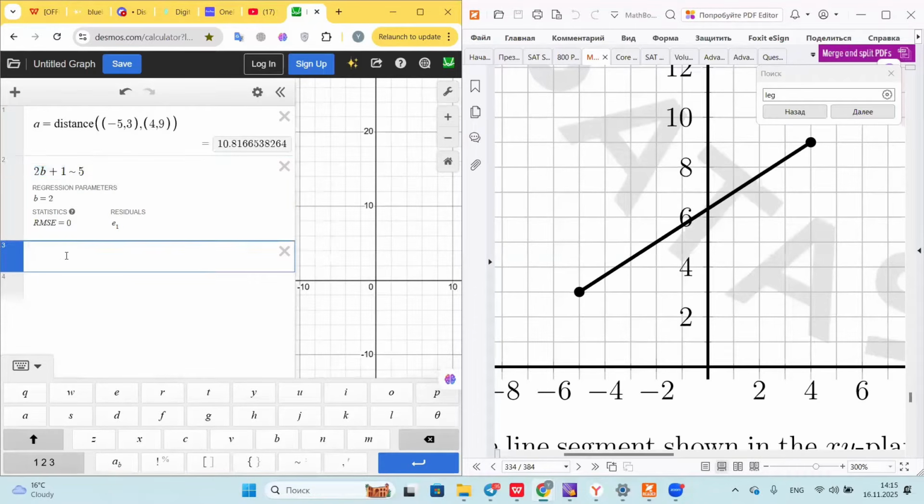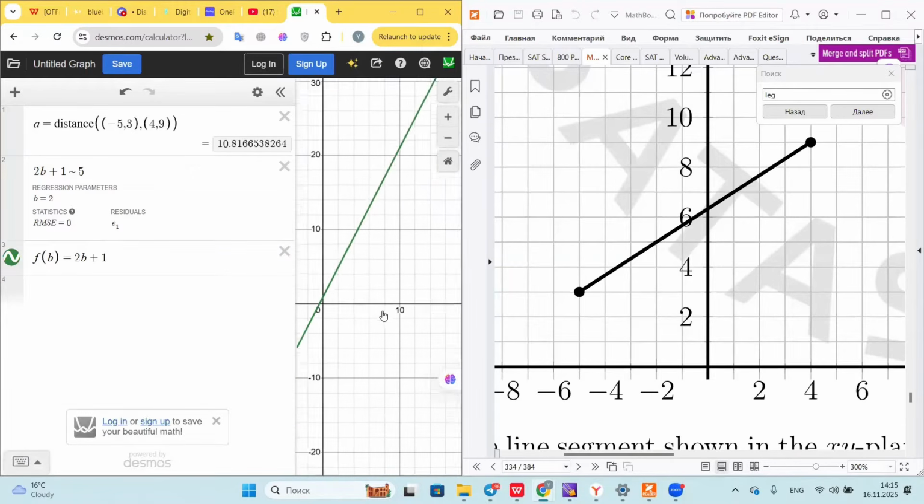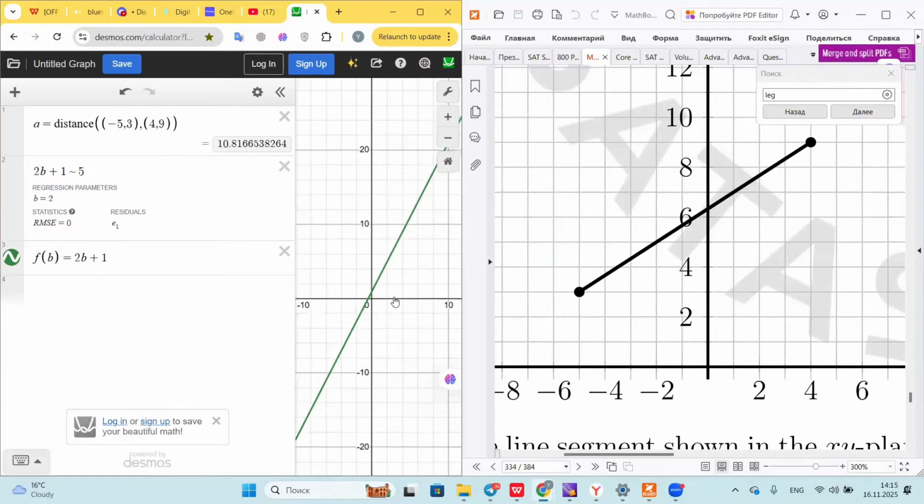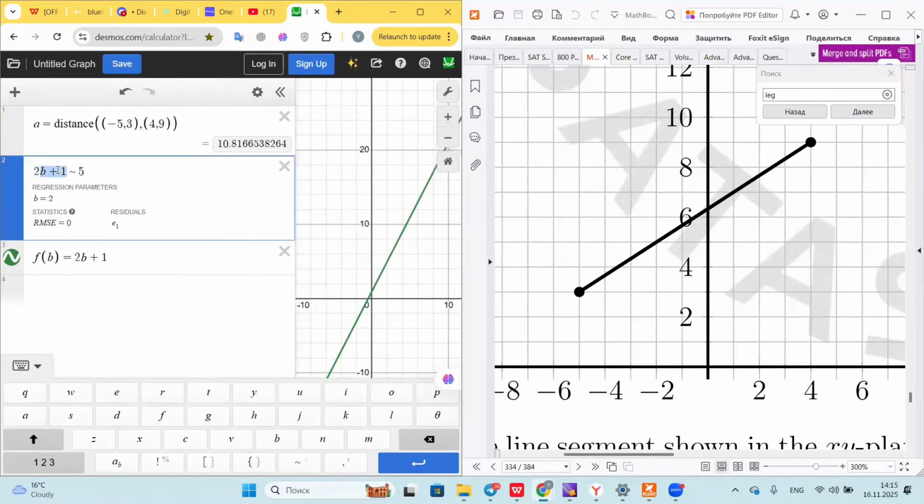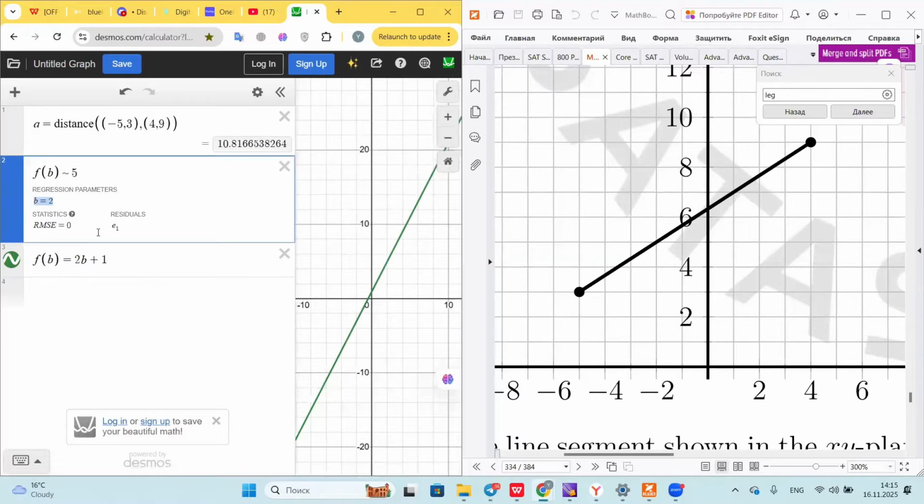Let's identify a function f of b equals 2b plus 1. It is a linear function. You can see it in green in the graph. If you write f of b, Desmos can solve this problem very easily, and b will be equal to 2.